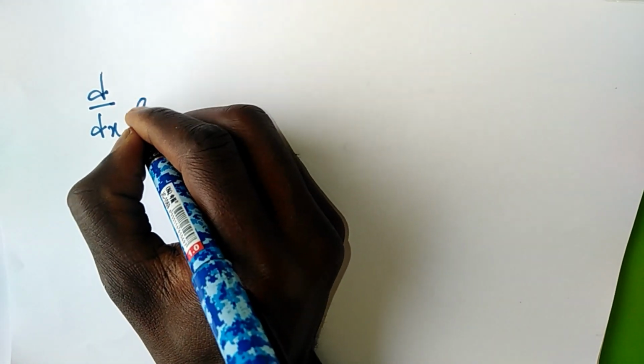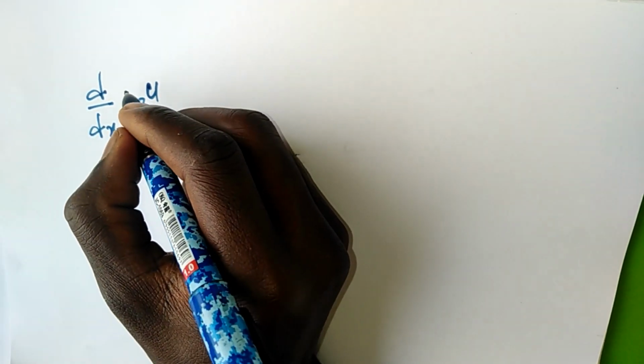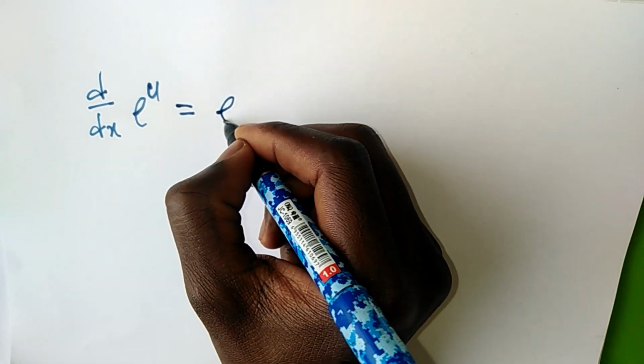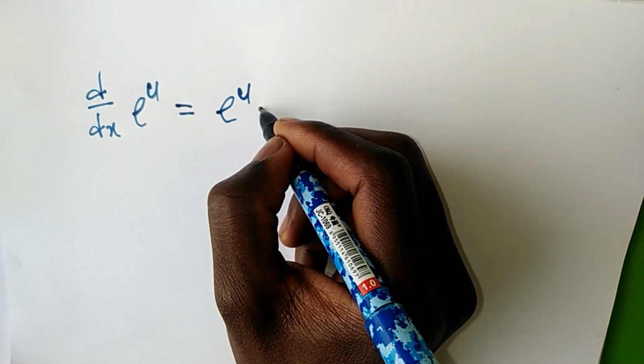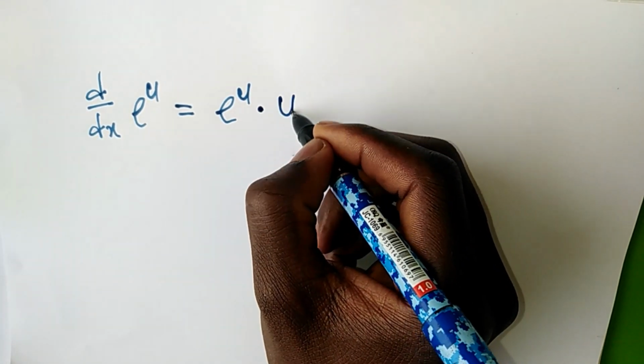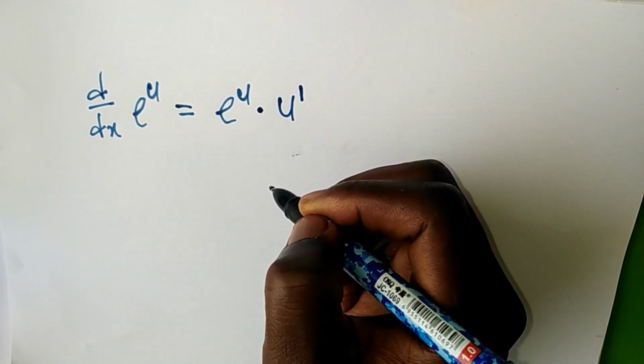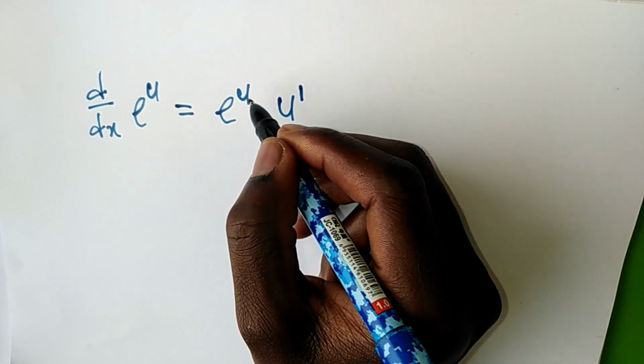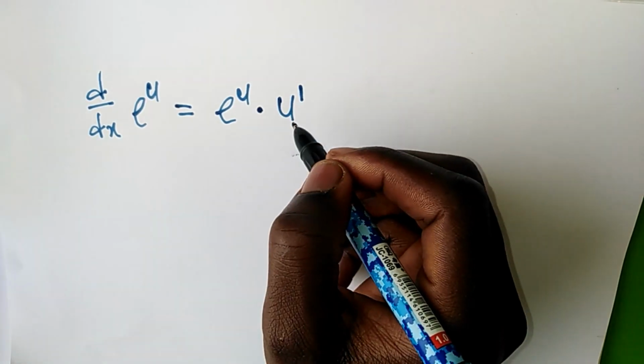Next, we are going to find the derivative of exponential functions having base e. So if we have d over dx of e raised to u, we will say e raised to u multiplied by u prime. What we're basically saying is that we keep the whole exponential the same, multiplied by the derivative of u.